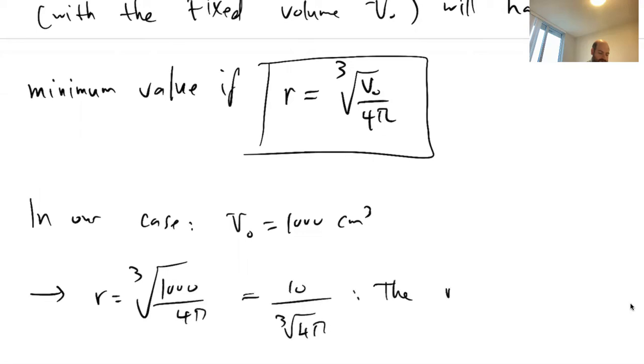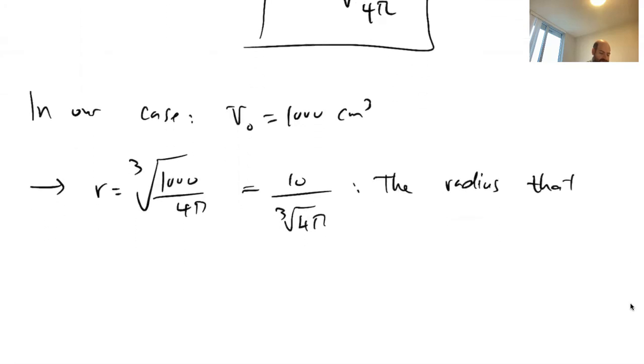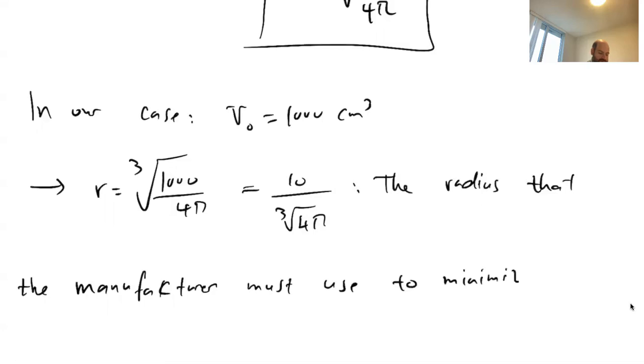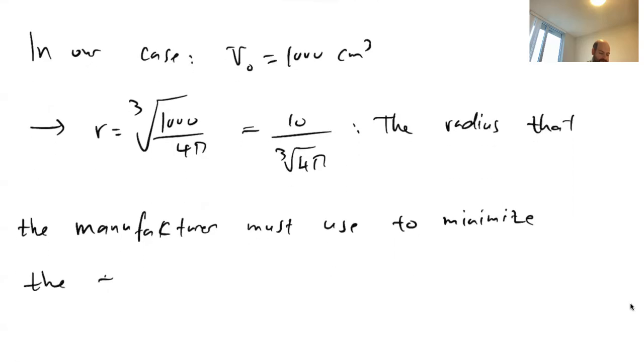The radius that the manufacturer must use to minimize the total area. The total area of the can. Remember, the can has a fixed volume, but area could be anything. If we use this radius for our can, then the total area will be minimum. It will be minimized.